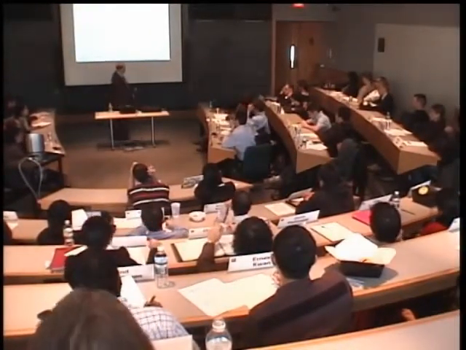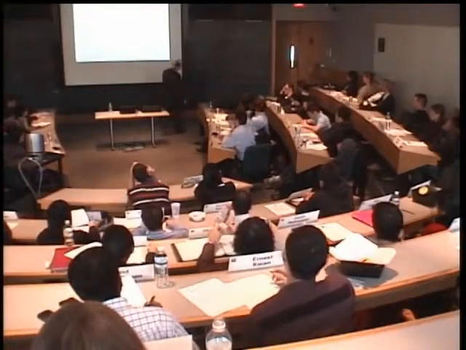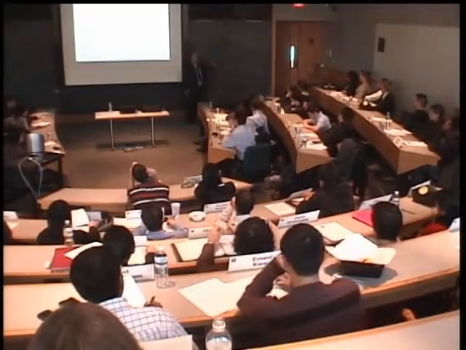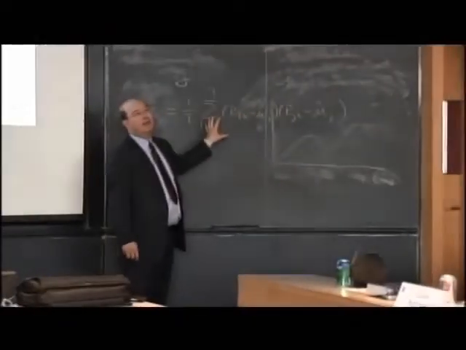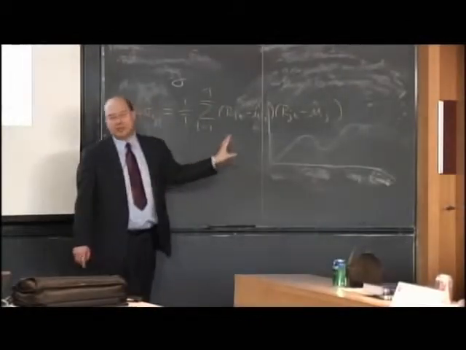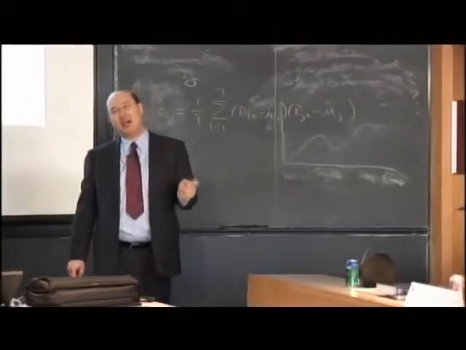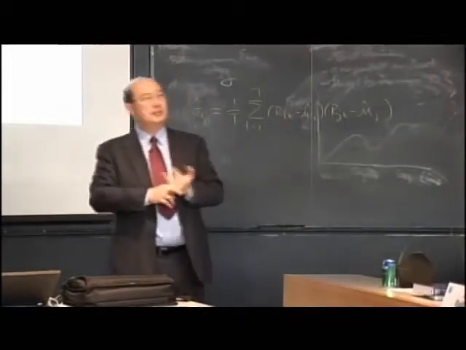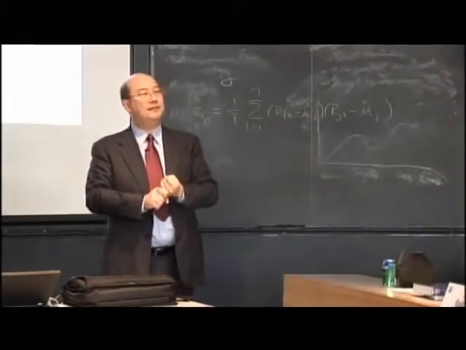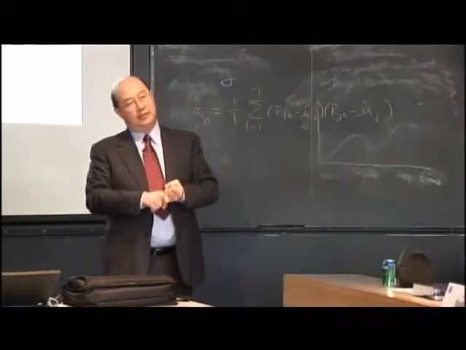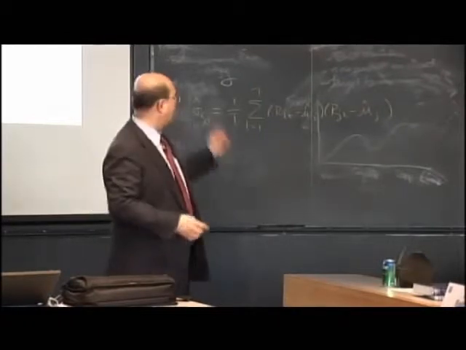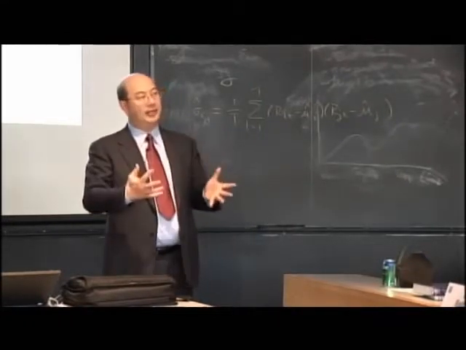Okay, so the question is whether there is any recommended length of time for estimating these quantities using the data. The answer is no. There's no recommended time, simply because you have to trade off two things. The longer time you have, the more accurate your estimator is going to be. In the limit, as T goes to infinity, you'll get a perfect estimator.